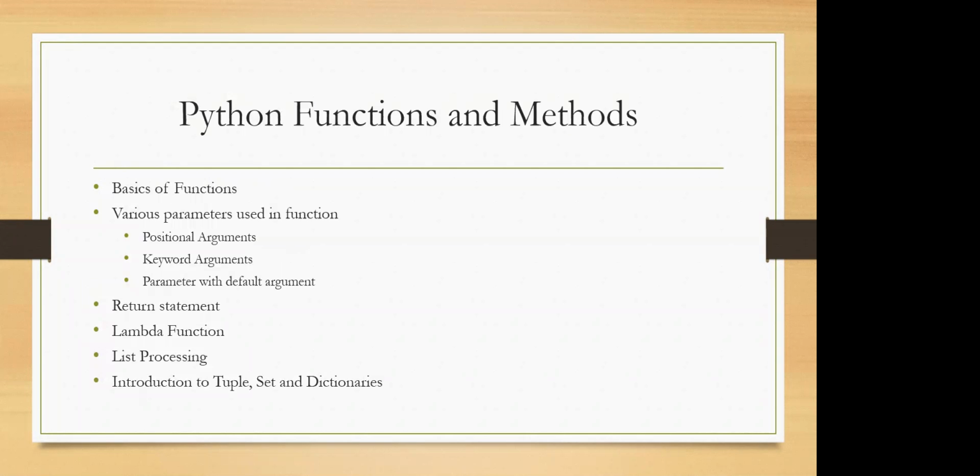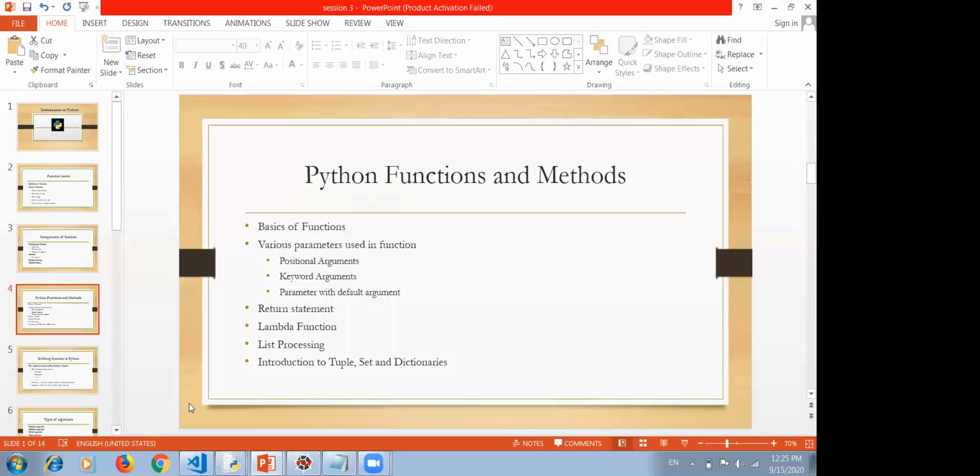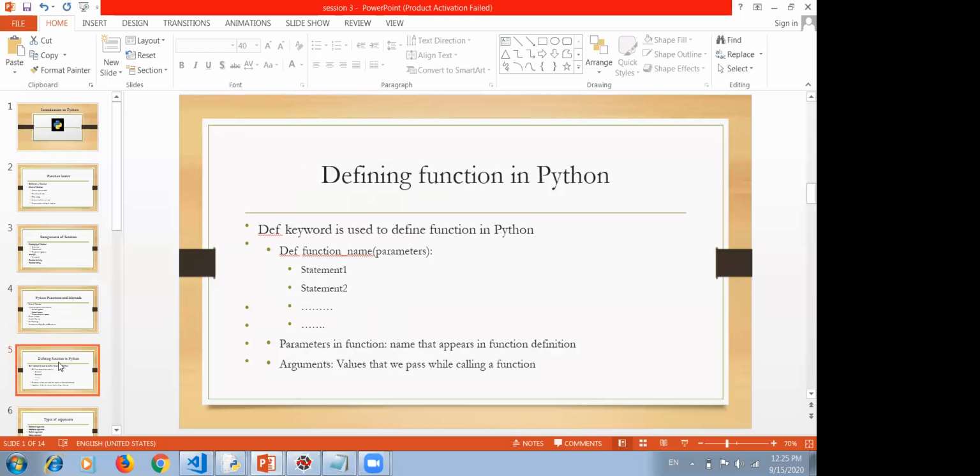Now when we talk about Python functions, in Python there are various types of parameters that are used. But before going into this, let me show you how to create a function. The function is created by using the def keyword.